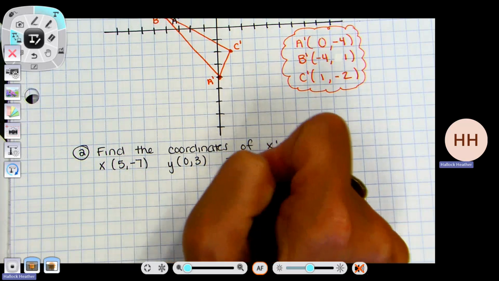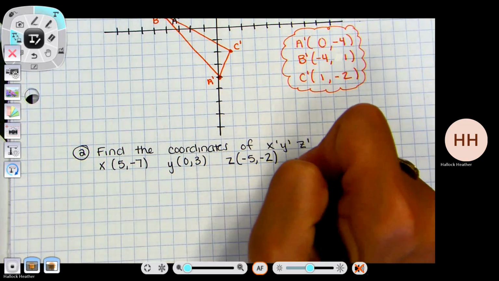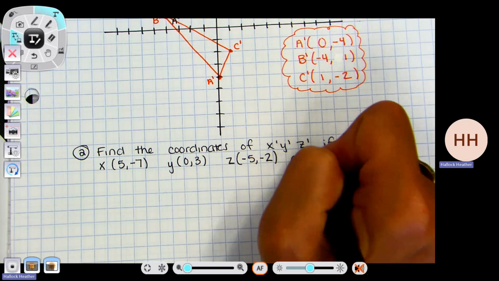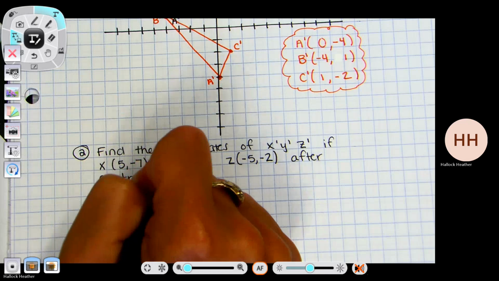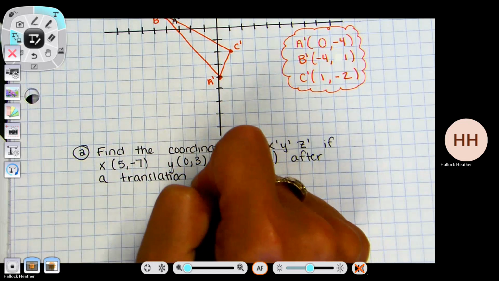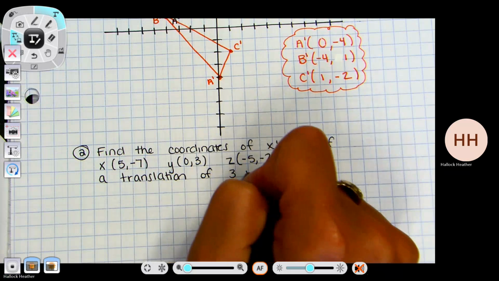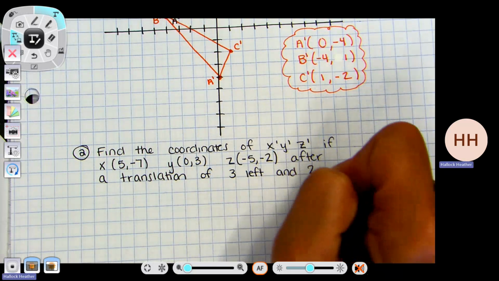Z is at -5, -2. After a translation of 3 left and 2 units up.